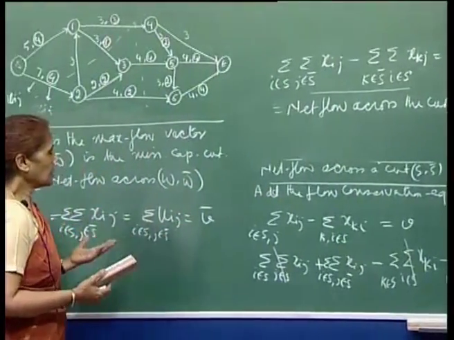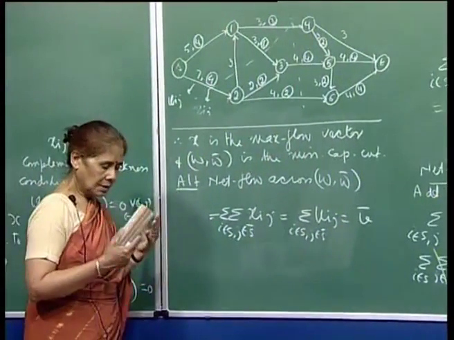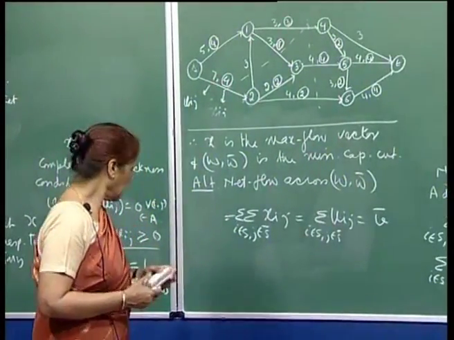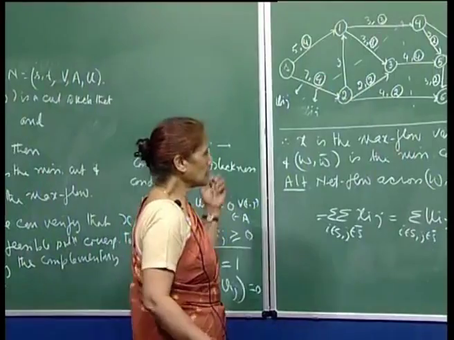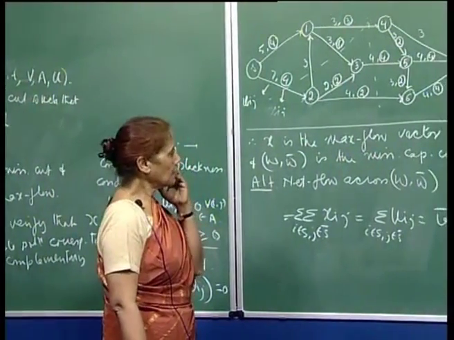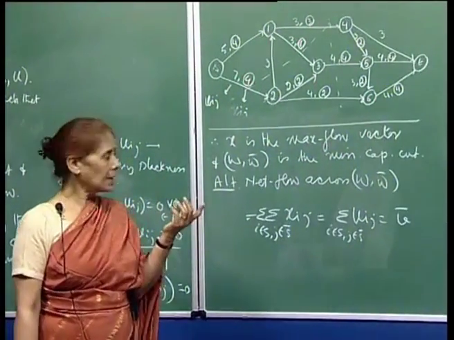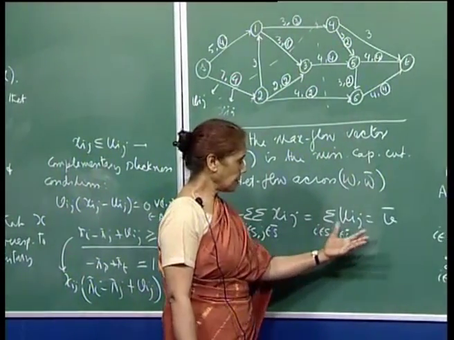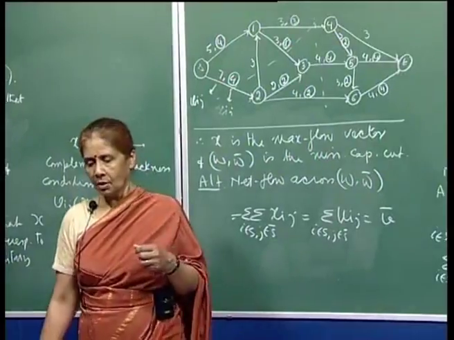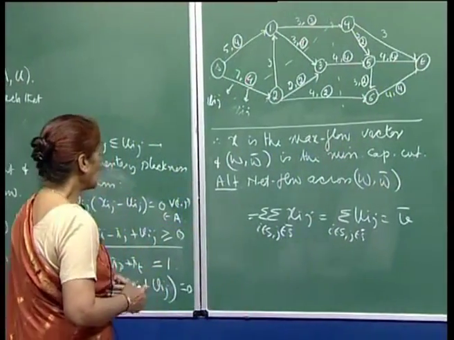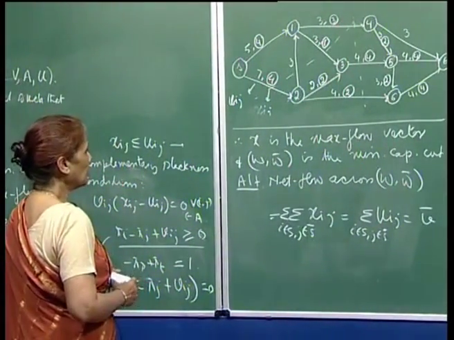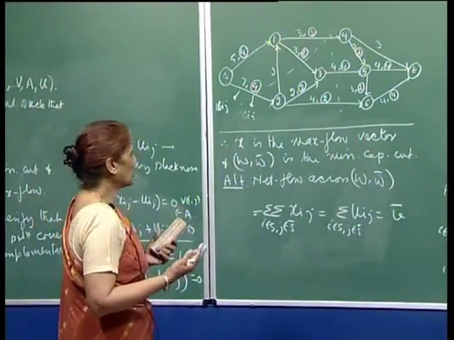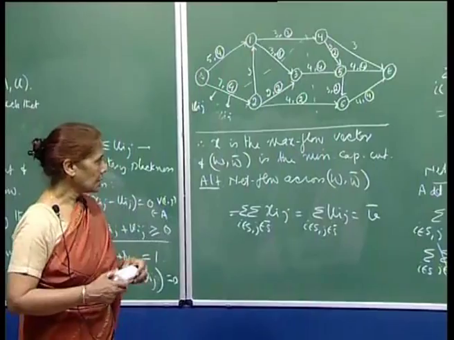Remember the weak duality theorem, I already showed you that the flow in a network will always be less than or equal to the capacity of any cut. Now, once the flow is equal to the capacity of a cut, then they both must be optimal. So we have shown that the maximum flow will always be equal to the capacity of the cut which has minimum capacity.